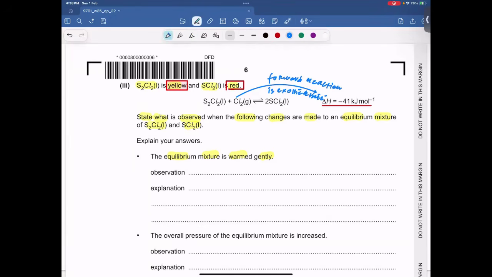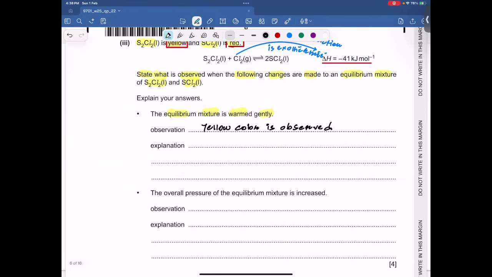So yellow color is observed. And the explanation for this is forward reaction is exothermic.